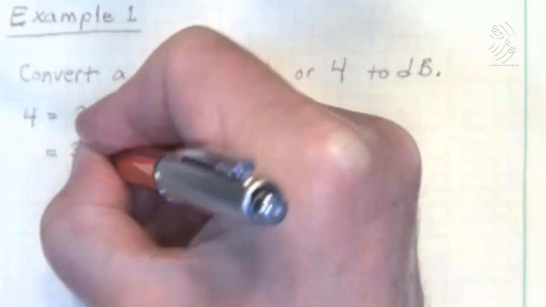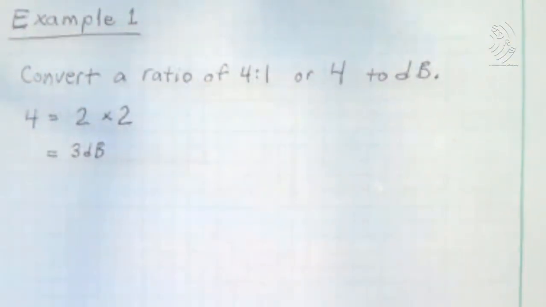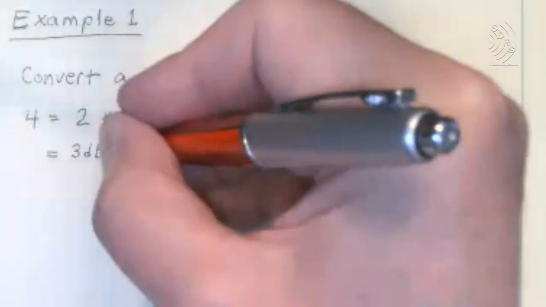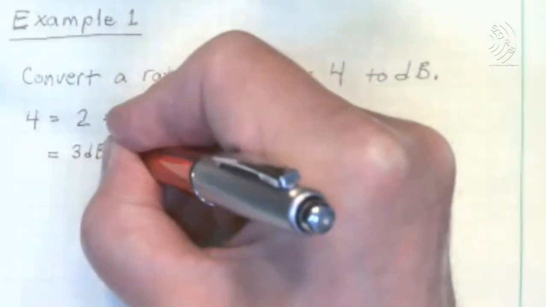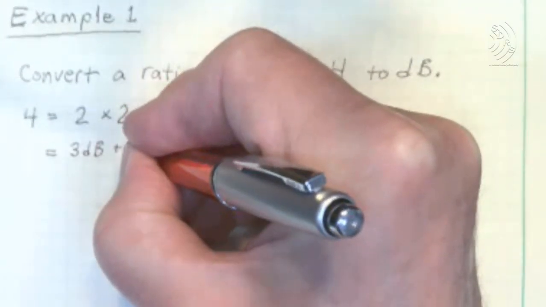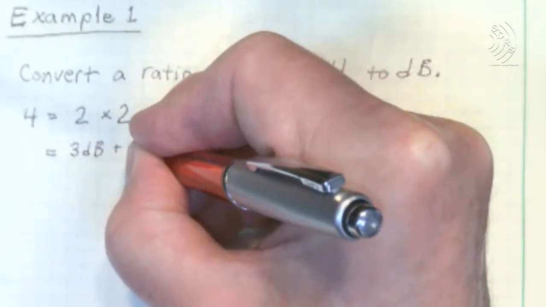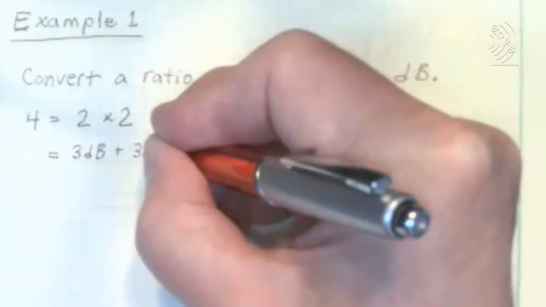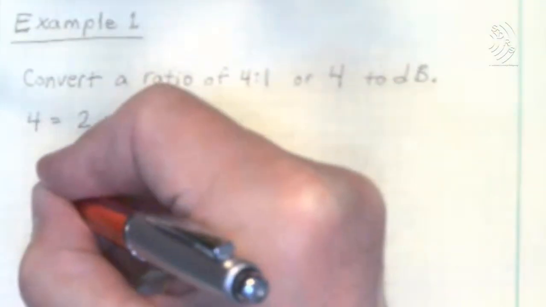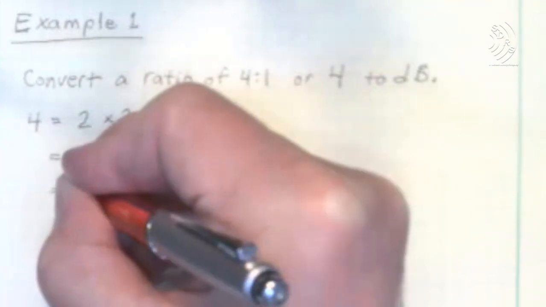Also, when working in decibels, instead of multiplying two values as we would with ratios or absolute quantities, we add the two together. So we'll add another 3 dB, which is the other 2 converted to decibels, and this is equal to 6 decibels.